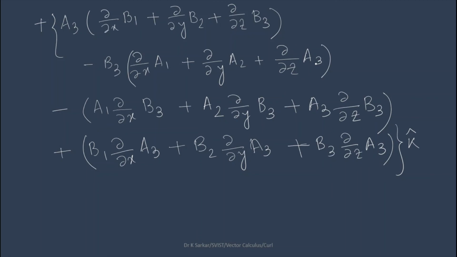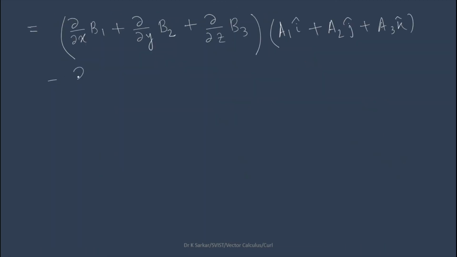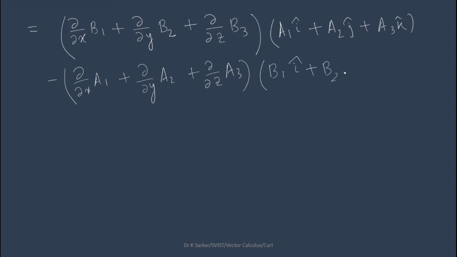So we'll have minus (∂x A1 + ∂y A2 + ∂z A3), with that B1 i + B2 j + B3 k.